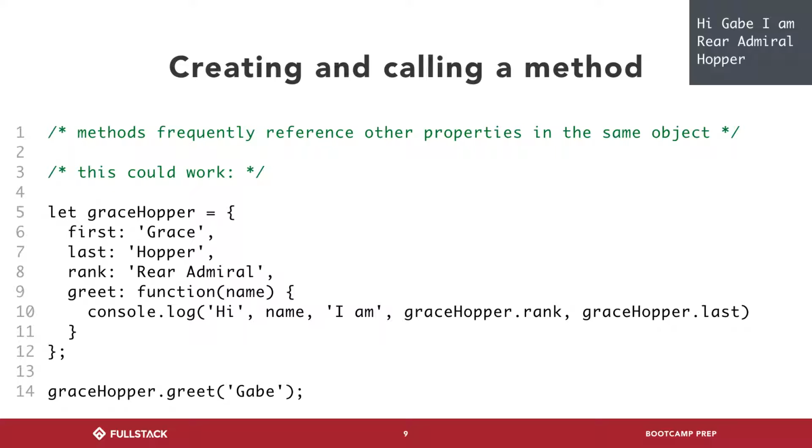So now we're actually making use of existing key value pairs in our code, and more importantly, when we look at this code, we know this is the same Rear Admiral Hopper that belongs to this object, as opposed to maybe another Rear Admiral Hopper. This object is self-contained. Everything in this object relates to this object specifically.